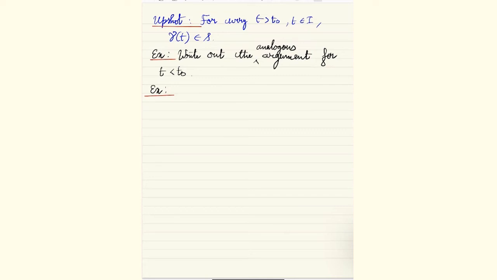In particular, is it defined on all of R? So what should the vector field be? Consider the vector field X on R defined by X at x is x squared.